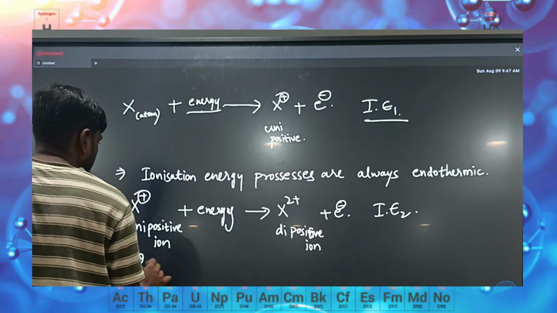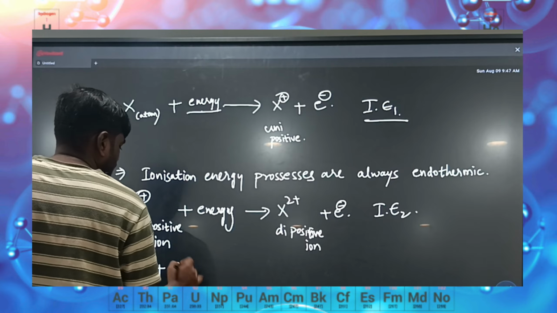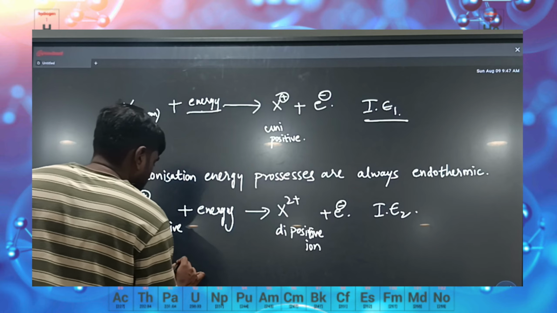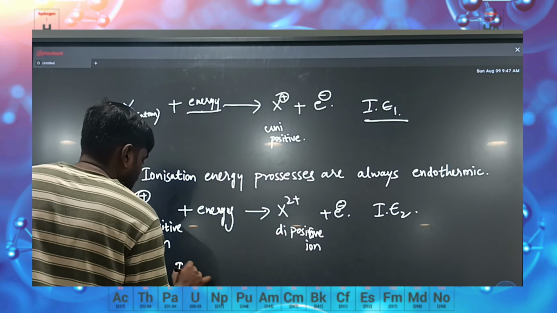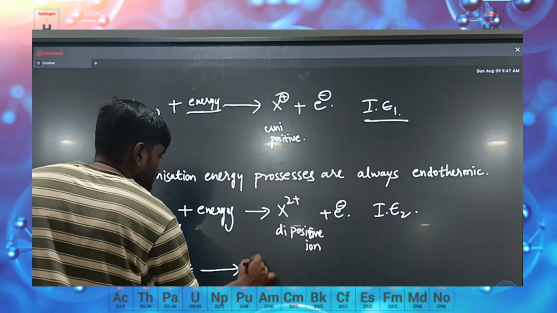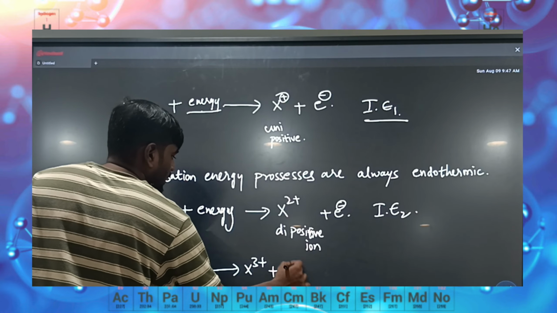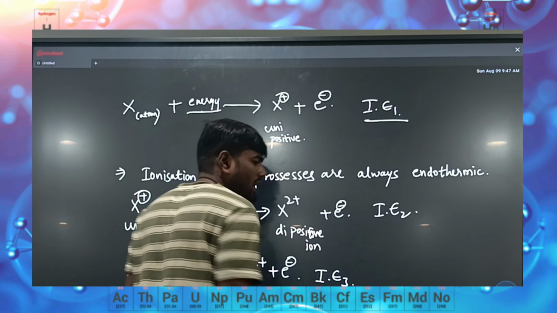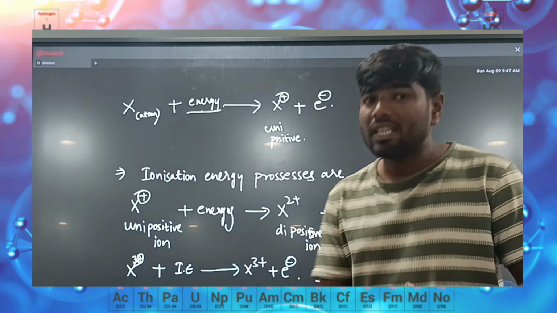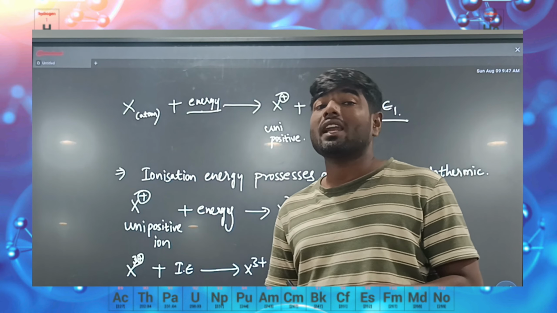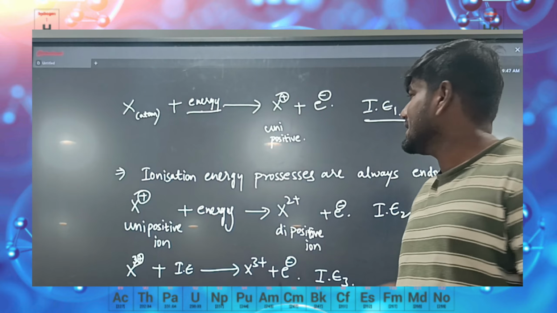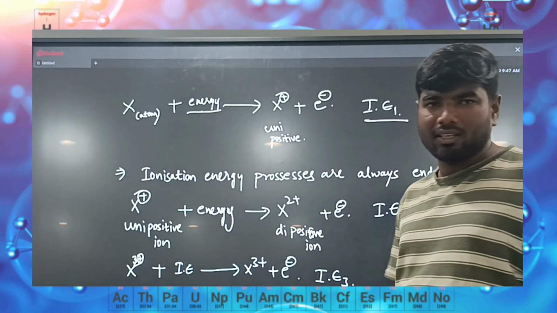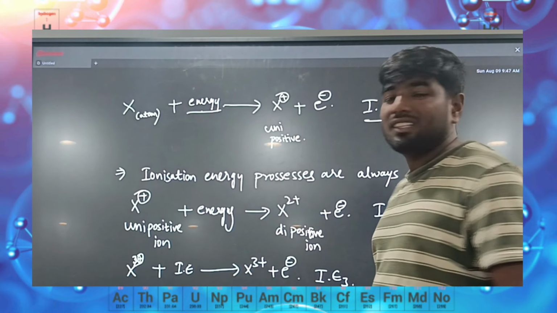X2 plus, sorry, plus energy. That energy we can write simply as IE, ionization energy. X3 plus one more electron. This is IE3. So tell me now, which is greater, IE1, IE2 or IE3? I can say IE3.